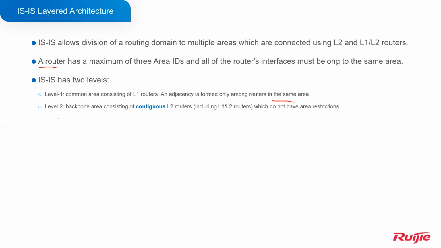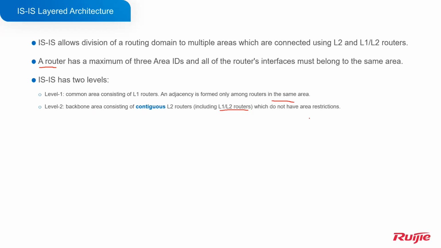And about level 2, you also can think of this as a backbone area. And it consists of level 2 routers, and also includes level 1 and level 2 routers. This level 1 and level 2 router means you will have level 1 ability and also level 2 ability at the same time. And it does not depend on area registration.